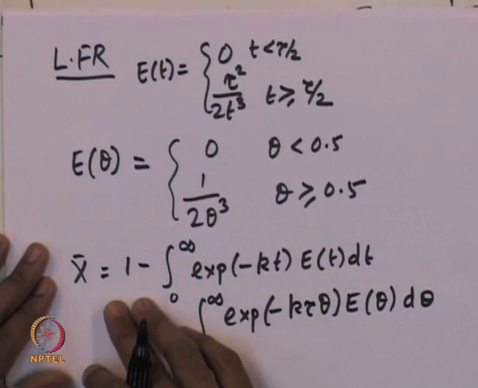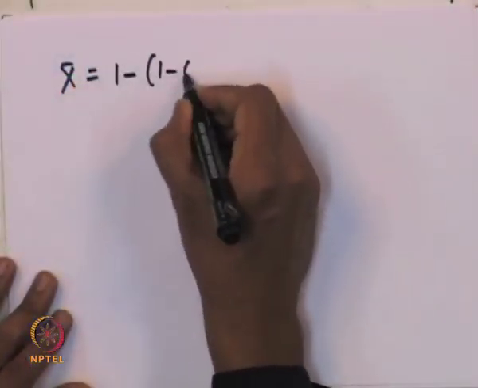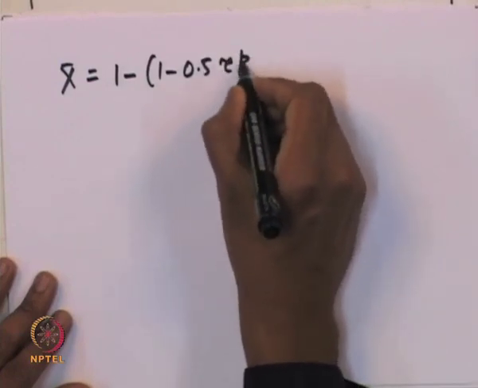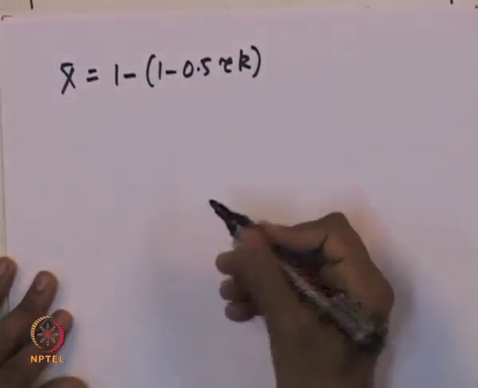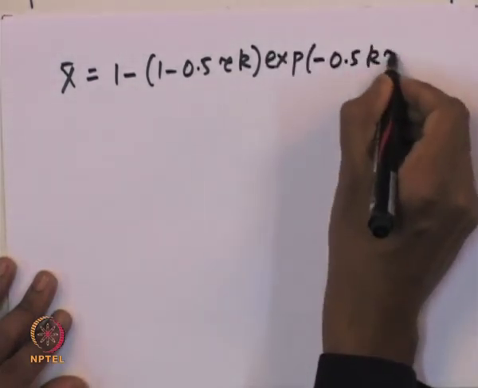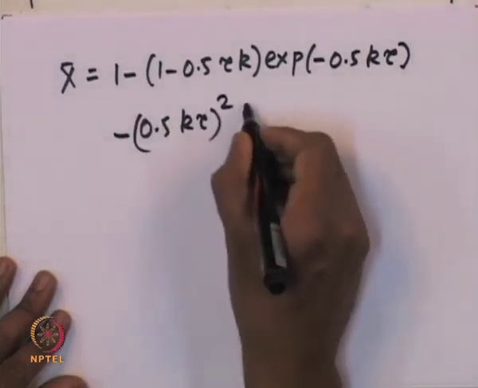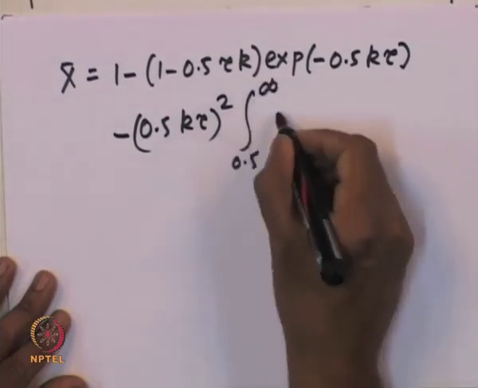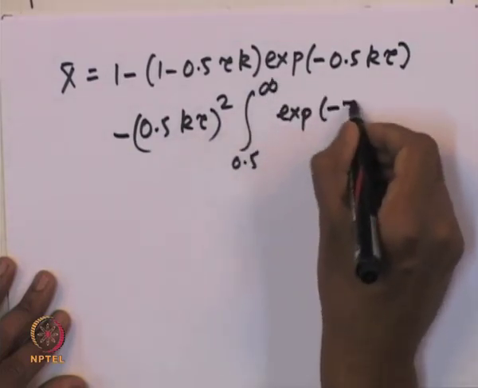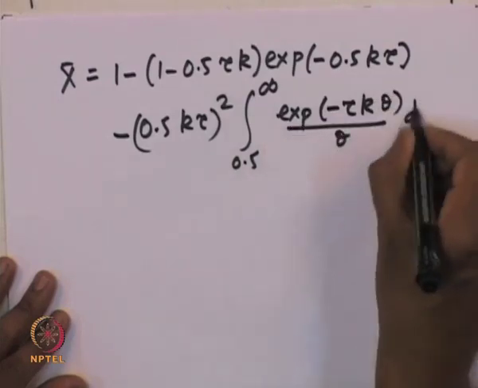On performing the integration by substituting the corresponding distribution, one can find that the mean conversion in a laminar flow reactor is given by 1 minus 0.5 k tau exponential of minus 0.5 k tau minus (0.5 k tau) whole square times the integral from 0.5 to infinity of exponential of minus tau k theta divided by theta d theta.